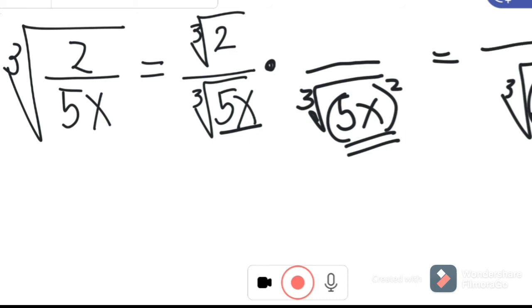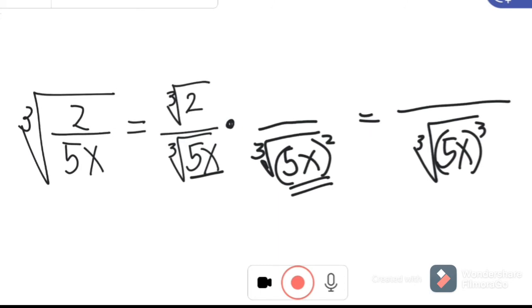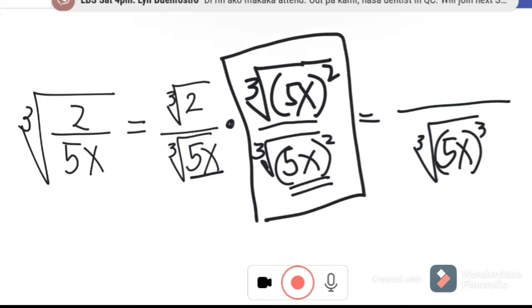Okay. And there in the numerator, we have the same, cube root of 5x squared. Okay. Again, remember, this should be exactly the same. Next, we have the numerator.